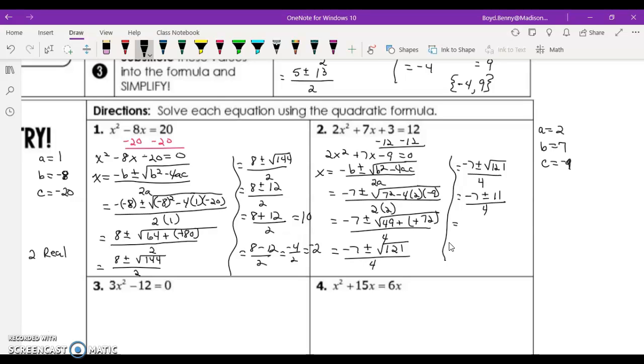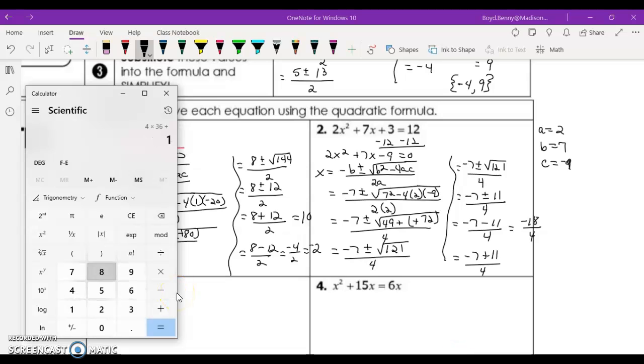To find my 2 solutions, I need to do negative 7 minus 11 divided by 4, and then I need to do negative 7 plus 11 divided by 4. Okay, so negative 7 minus 11 would be negative 18 divided by 4.